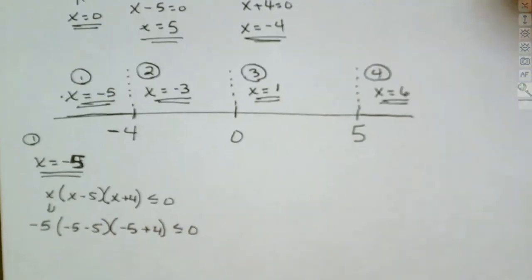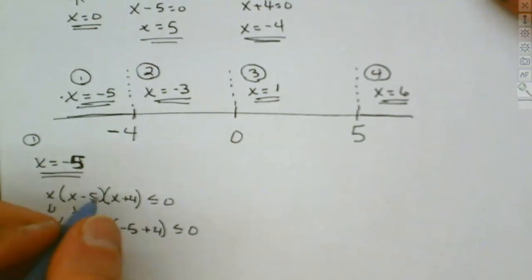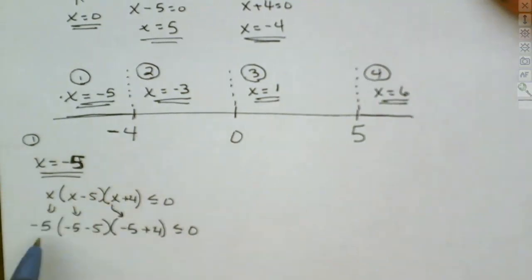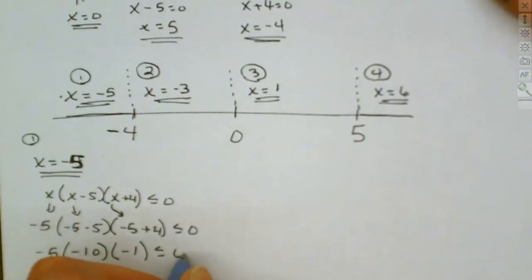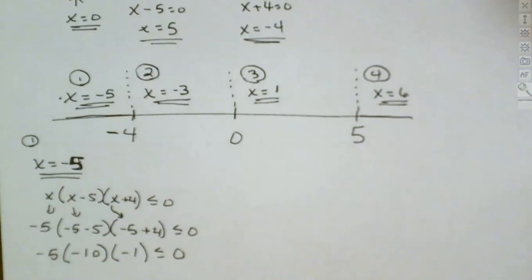We're just plugging in values for x here. Let's work it out. -5 minus 5 makes it a -10. -5 plus 4 makes it a -1. And when we multiply all these together, 3 negatives, so it stays negative, and that's going to be a -50.